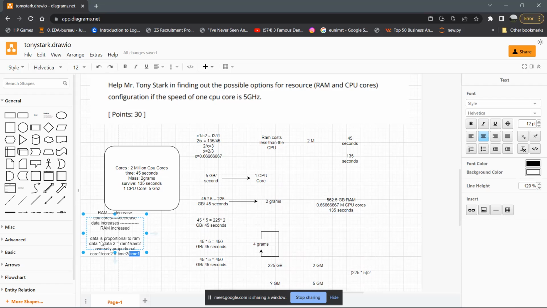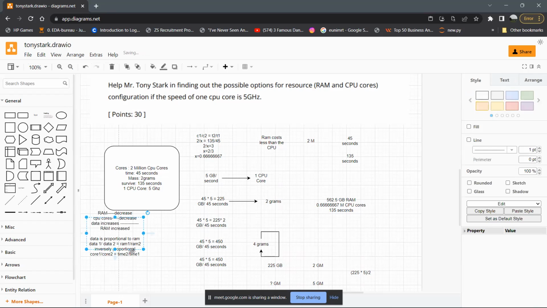When they are in the same relation, data 1 and RAM 1 will be equal to each other. But here core 1 over core 2 is inversely proportional, because core 1 is against time 1 and core 2 is against time 2, as they are going in opposite directions.